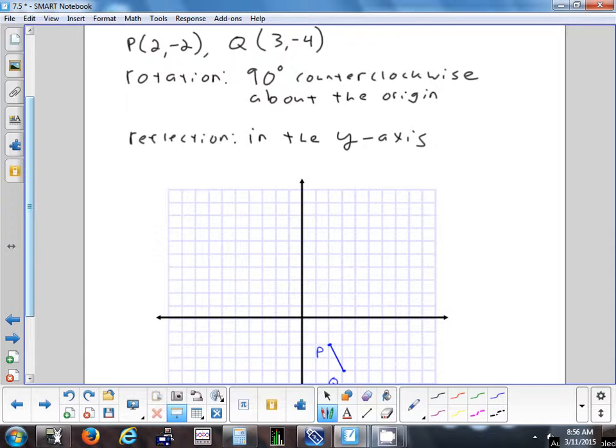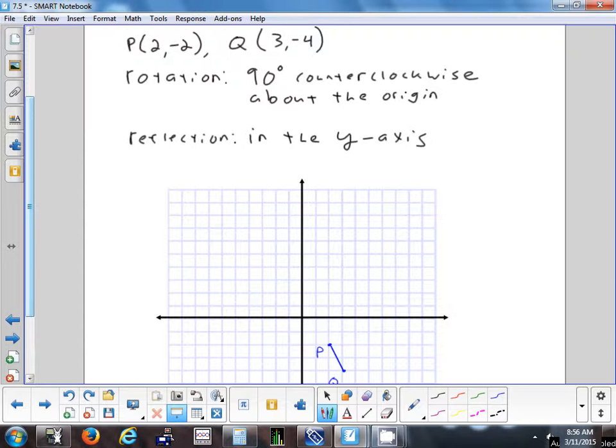Two steps. First step. Don't you flip the numbers? Okay, switch the numbers. That's step one. And who can tell me the second step? Make the first one negative after you switch them.